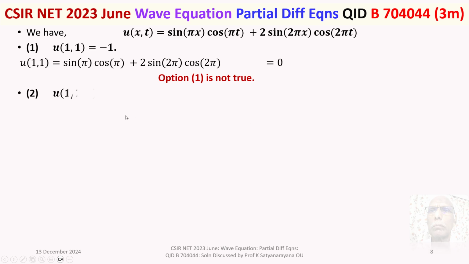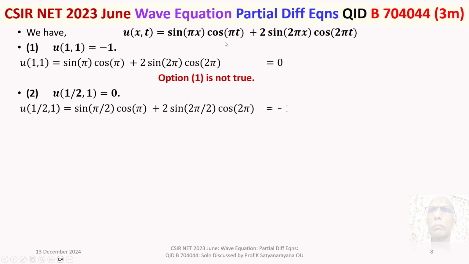Go to the second one. u at (1/2, 1) is 0. So substitute in this solution x is 1 by 2 and t is 1. Then you will get sin pi by 2 into cos pi plus 2 sin 2 pi by 2 into cos 2 pi.